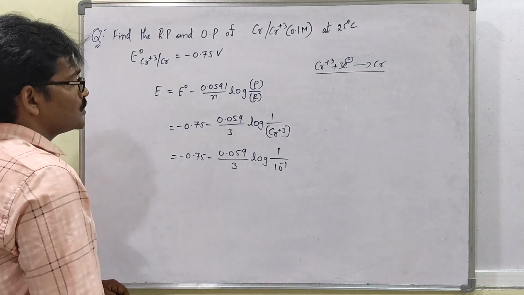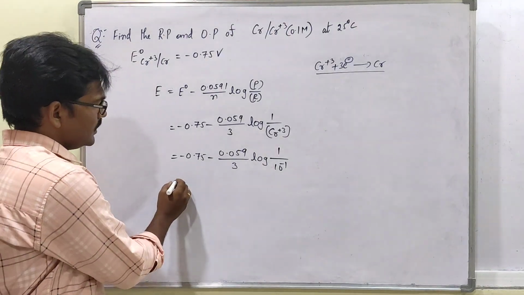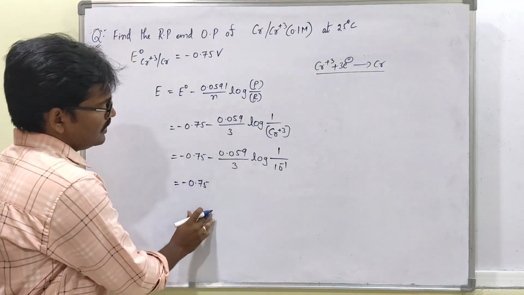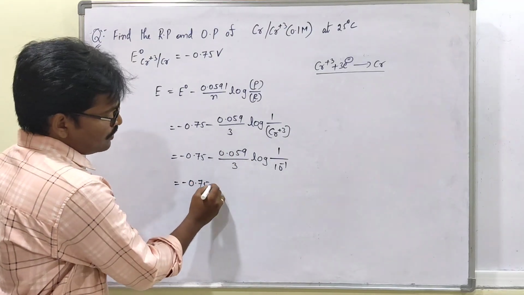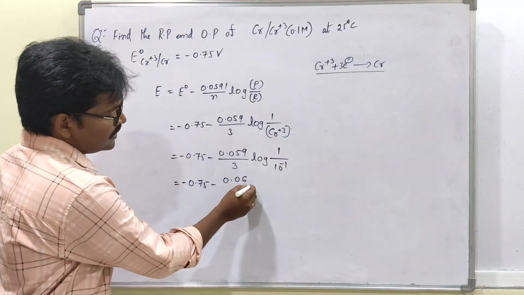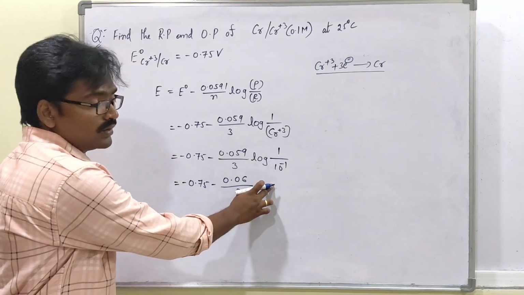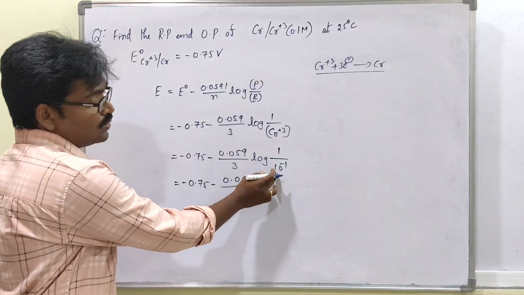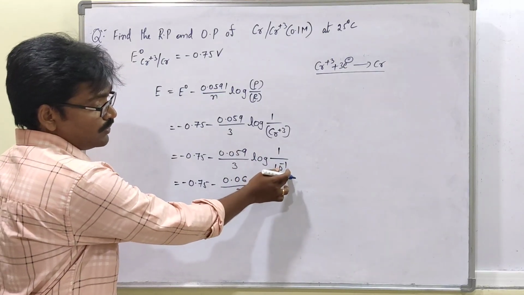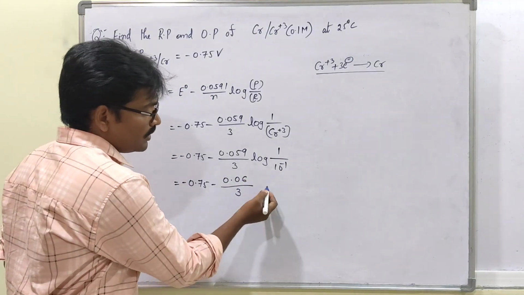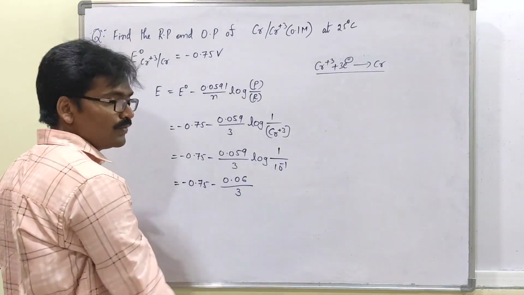So minus 0.75, minus 0.059, approximately 0.06, divided by 3, times log of 1 by 10 to the power of minus 1. That goes up to 10 to the power of 1, so 1 times log 10, which is 1.